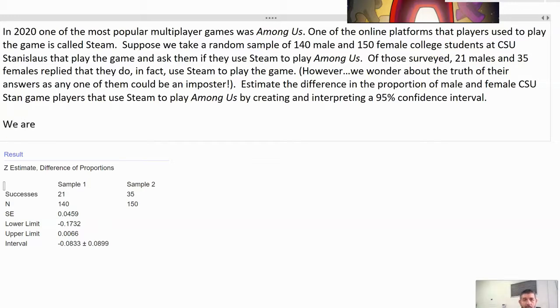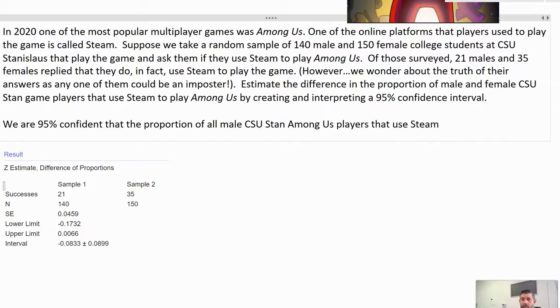We're going to say we are 95% confident. That's how we always start these things off, right? We are 95% confident that the proportion of all male CSU Among Us players that use Steam is between 17.32%.